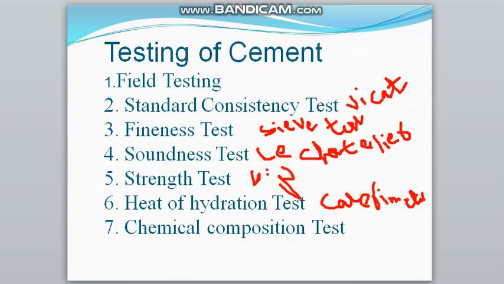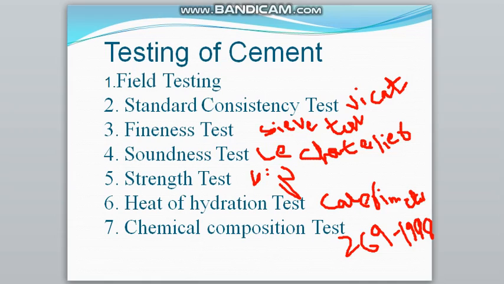Generally, according to Indian Standard 269:1998, it follows the chemical composition test. Here, the weight of magnesia should not be greater than 5%. Total sulfur content should not be greater than 2.75%.